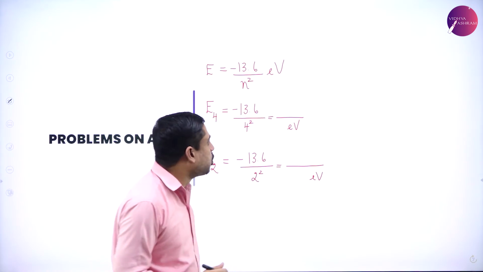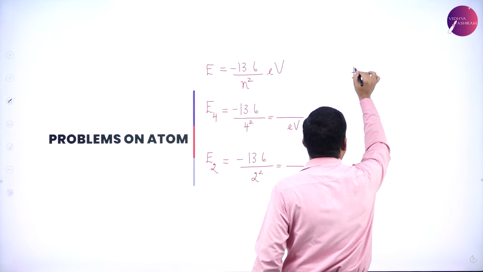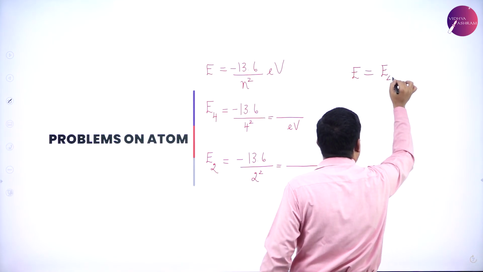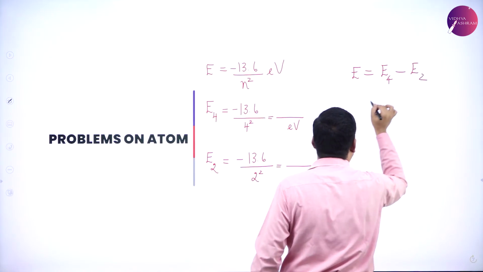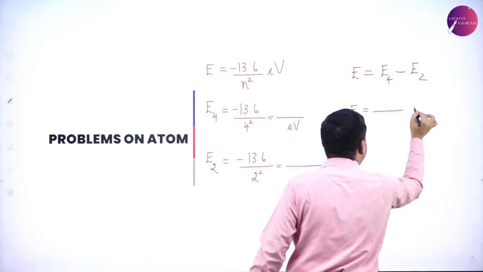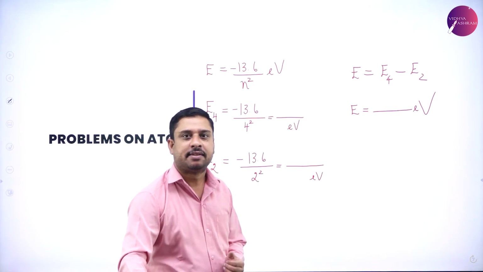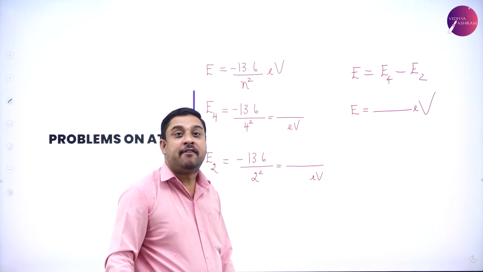So what is the total energy liberated? So E equals E4 minus E2. Simplify. So E is so many electron volts. I have to calculate the wavelength now.